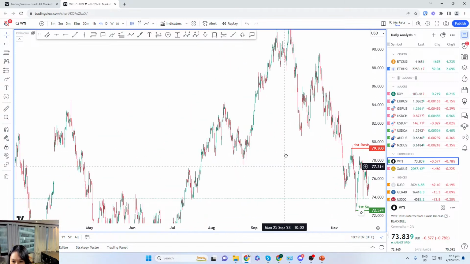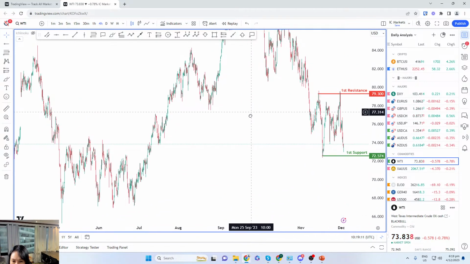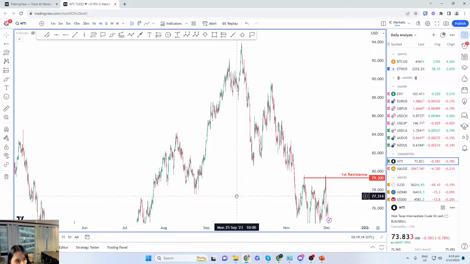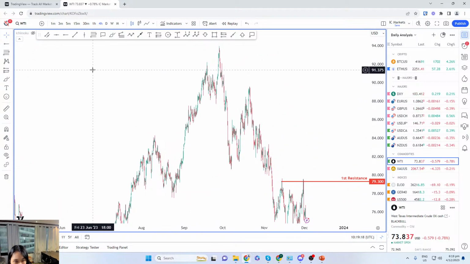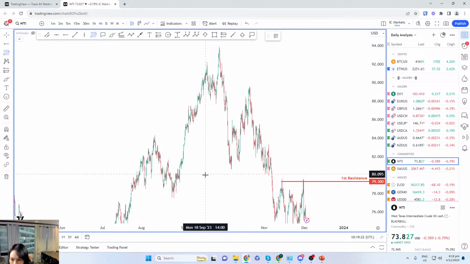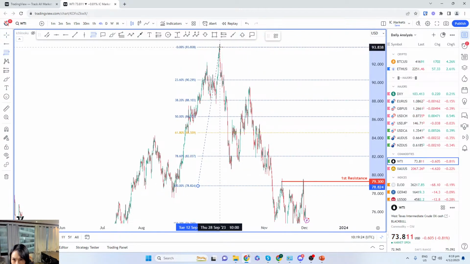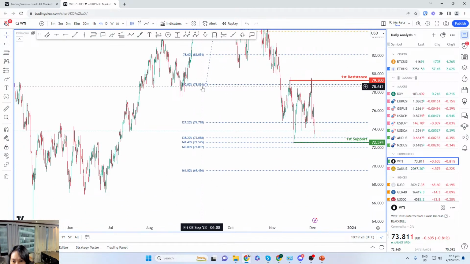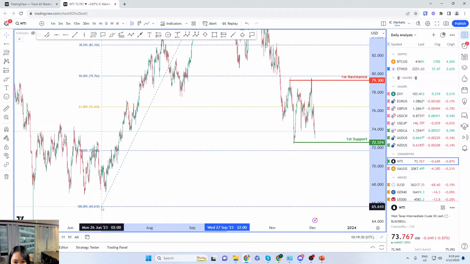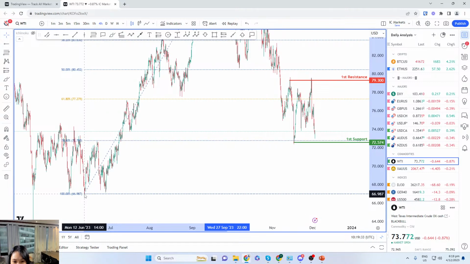I think there could be a Fibonacci retracement here. Gonna use this.